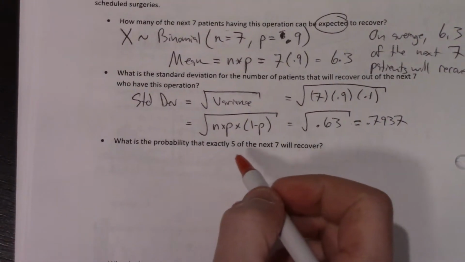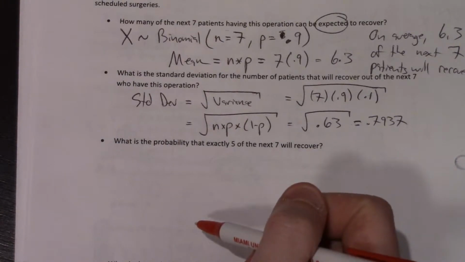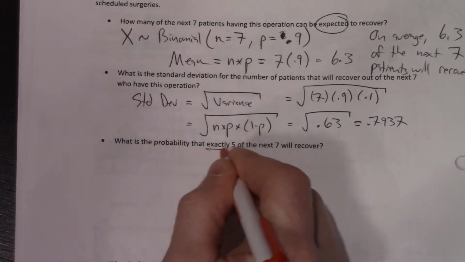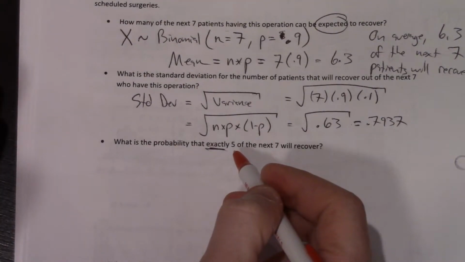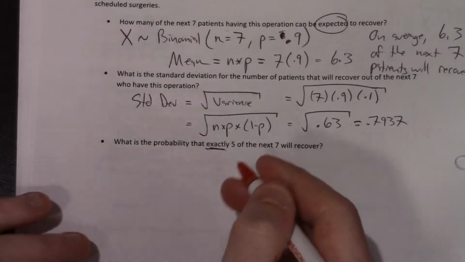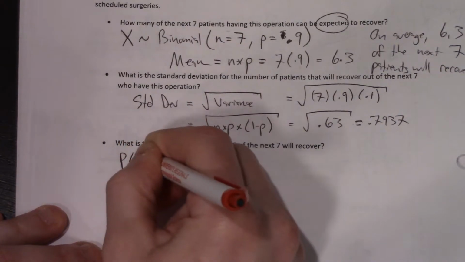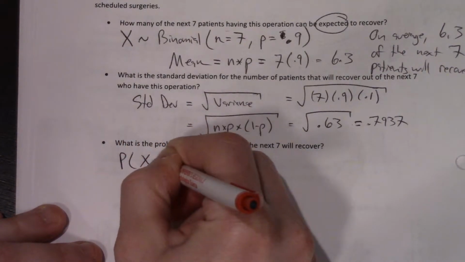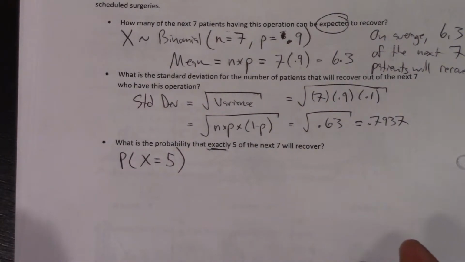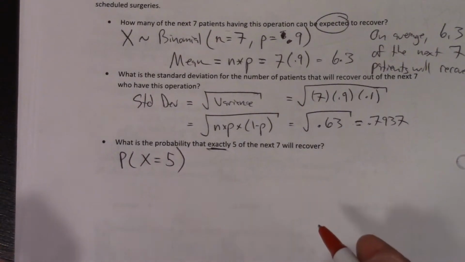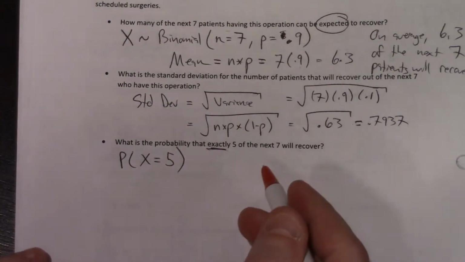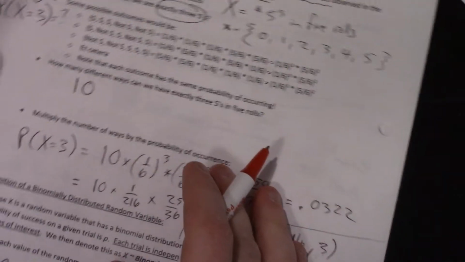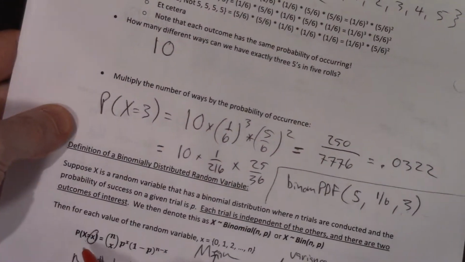What's the probability that exactly 5 of the next 7 will recover? Okay? So the word exactly means that's all we want, just 5. No more, no less. So what we're saying is we want the probability for big X to equal 5. We want 5 successes in the next 7 trials. Okay? We can find this using the binomial PDF now. The binomial PDF is meant to find these types of probabilities.